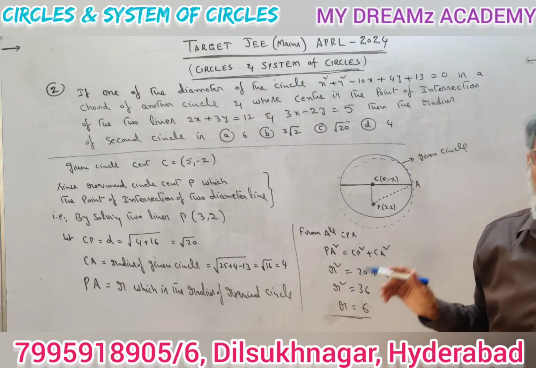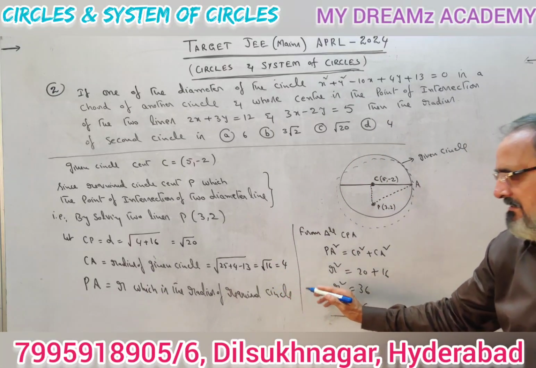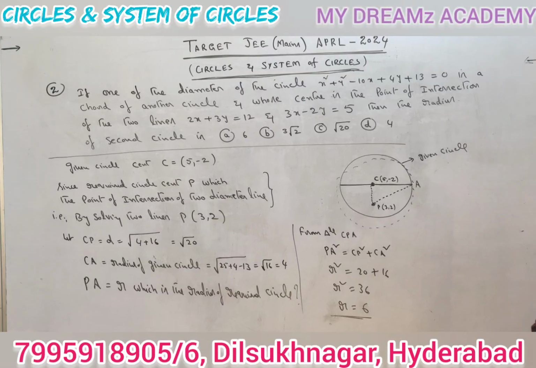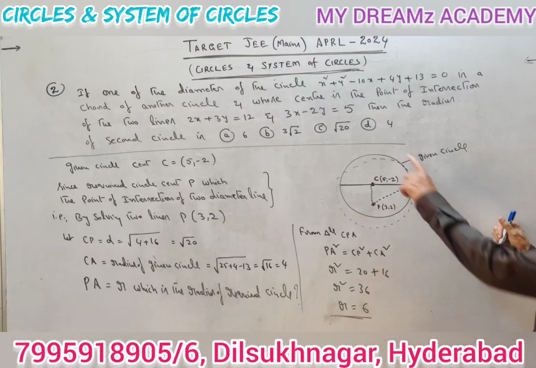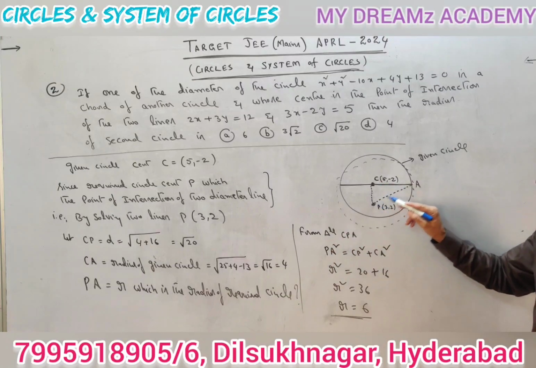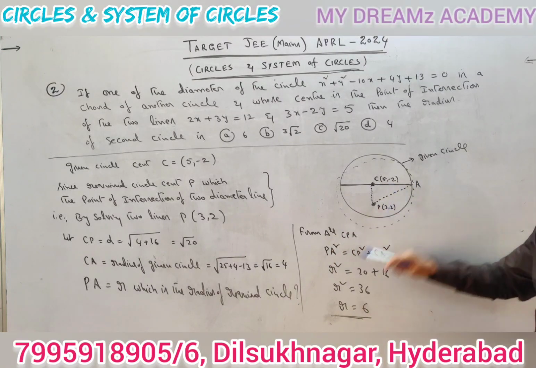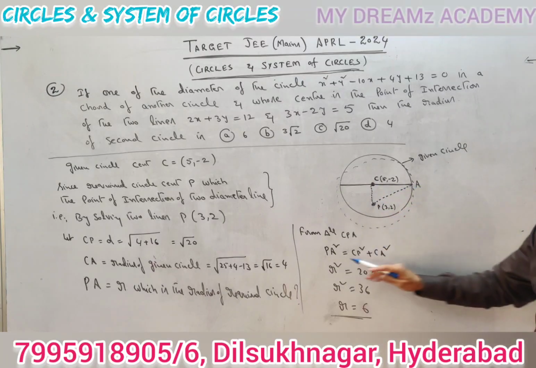Now the actual question is what is PA, the radius of the second circle, the required circle. We have to find the radius of the required dotted circle. From this figure you can observe that triangle CPA is a right angle triangle, so PA squared, the hypotenuse, is the sum of CP squared plus CA squared.